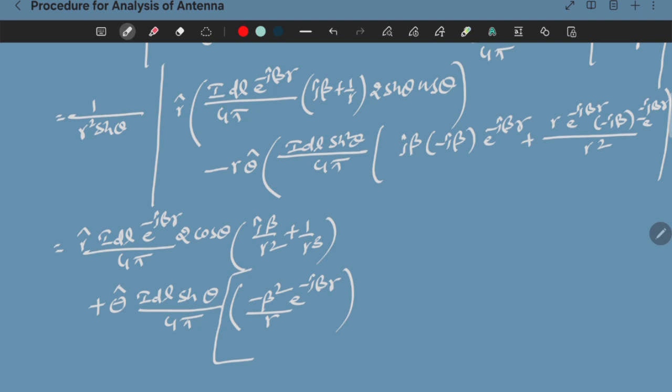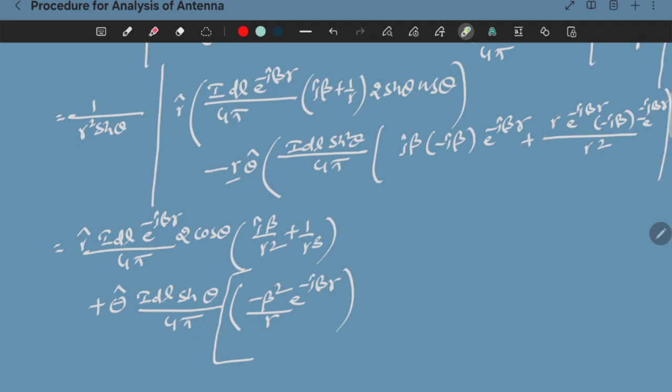So what we'll get? Now this 1 by sin theta term is already covered. 1 by r square is there. So 1 by r is coming with respect to this r. So 1 by r is coming to this area. That 1 by r, this r will be cancelled.